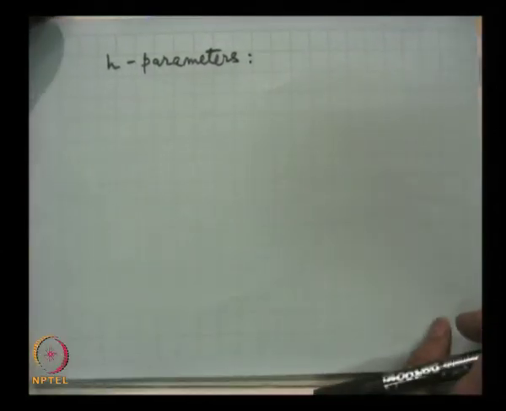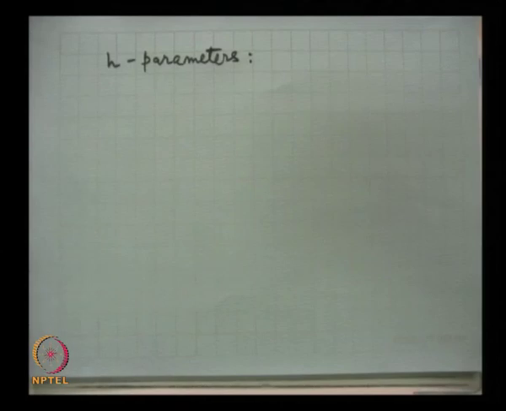Why are these called hybrid parameters? Before the invention of the transistor, in electronics there were tubes, all circuits were designed with tubes, and tubes could be analyzed comfortably with two sets of parameters, any one of them.